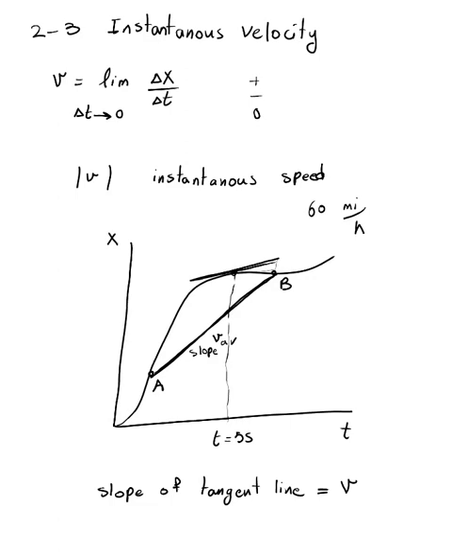If I want the velocity at, let's say, t equals 2 seconds, then I take the slope of the tangent line on the graph, I'm not the best drawer, I'm trying my best. The slope of this line, delta x divided by delta t, gives me the instantaneous velocity at 2 seconds.